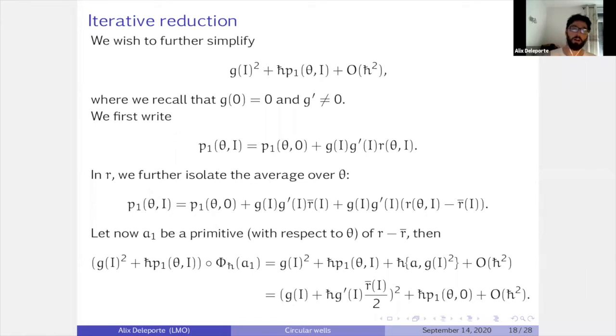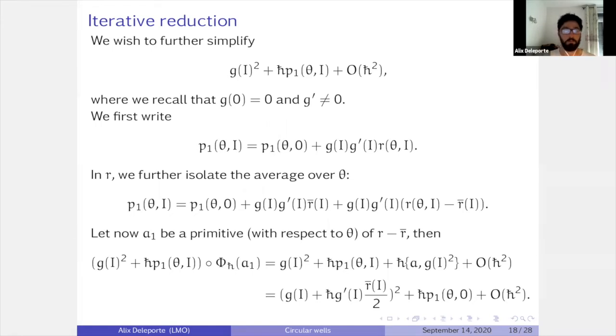So P1 is equal to P1 at I equals 0 plus something else. And the something else, since it vanishes at I equals 0, is a smooth function times g of I, g prime of I, because g of I is 0, g prime of I is non-zero.